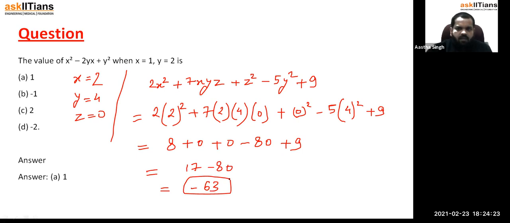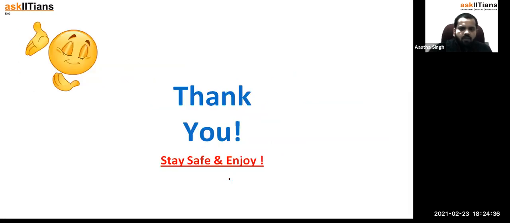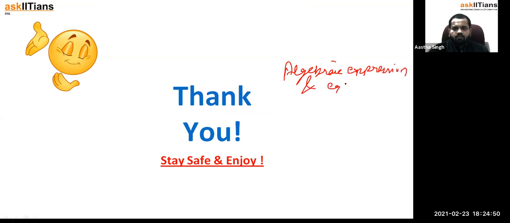So these are basically the very basic points for algebraic expressions. Let me give you the summary of the chapter of what we have studied till now. We have studied the difference between an algebraic expression and an equation.